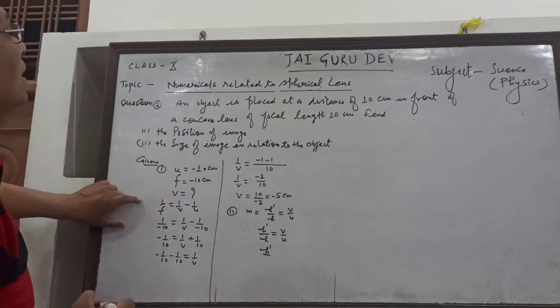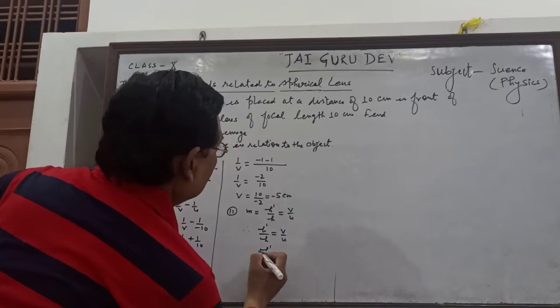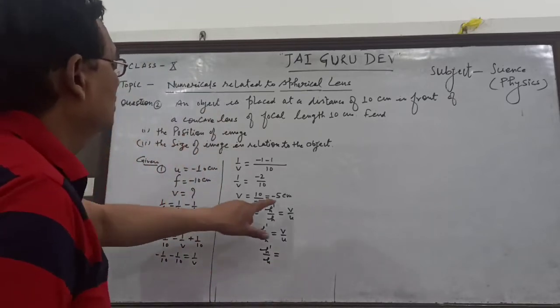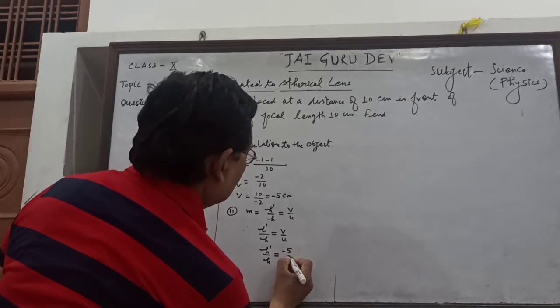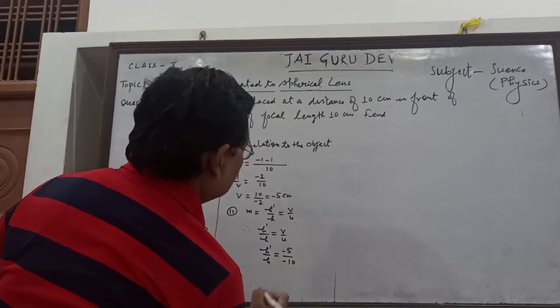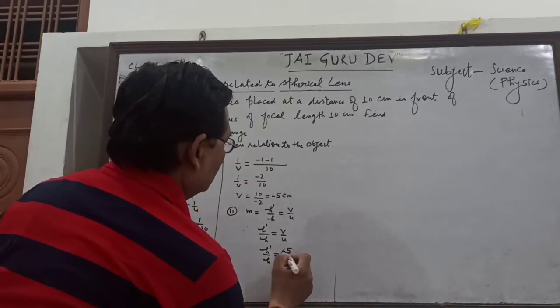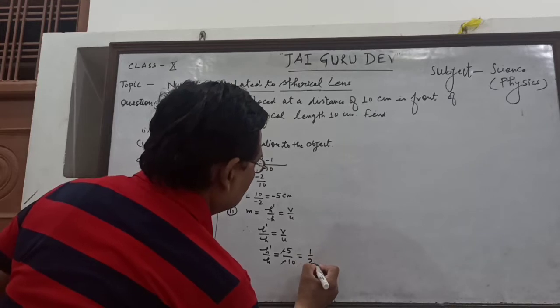Put the values. H dash upon h is equal to v minus 5 and u minus 10. Minus cancels. So we get 1 by 2.